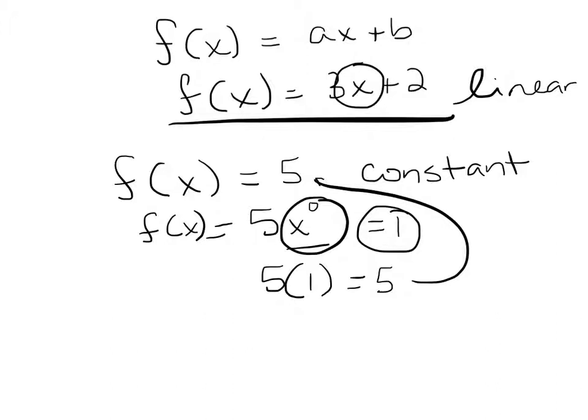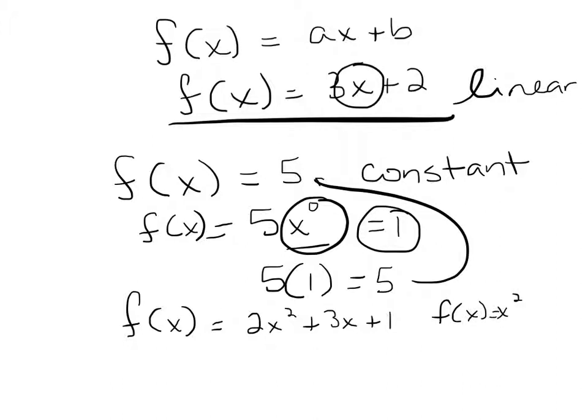Now, to be quadratic, we've talked about quadratics quite a lot in class, you have to have a power of 2. That's your highest power. So you can have something like 2x squared plus 3x plus 1, or f of x equals x squared, which is simply a quadratic. For a cubic, you can have f of x equals x cubed. Your highest power is going to be that 3.